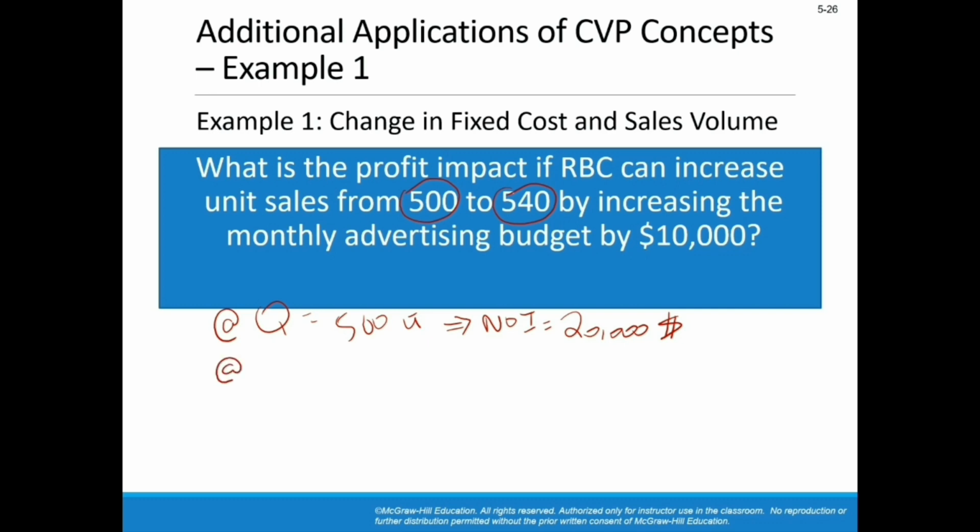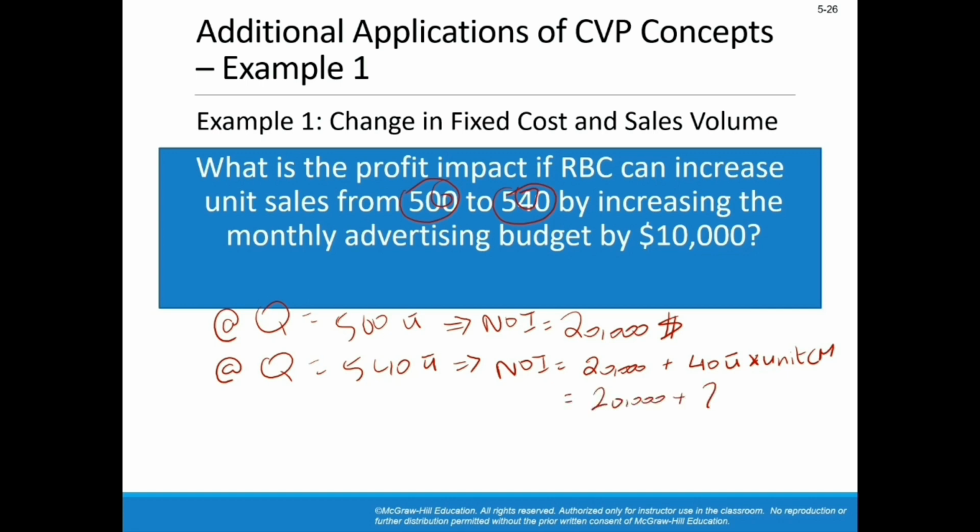So therefore, at Q equals 540 units, my net operating income will be 20,000 plus the additional 40 units, the difference between this and that, multiplied by the unit CM, which is 200.